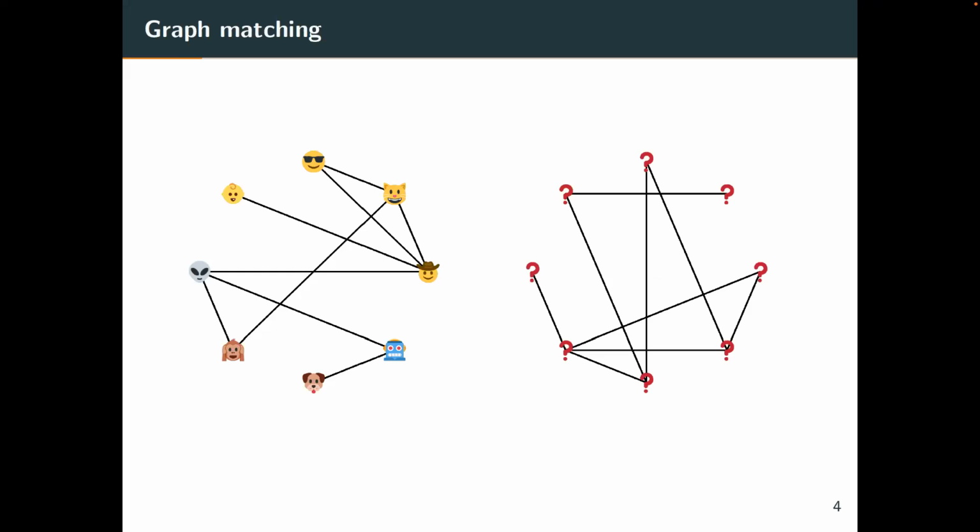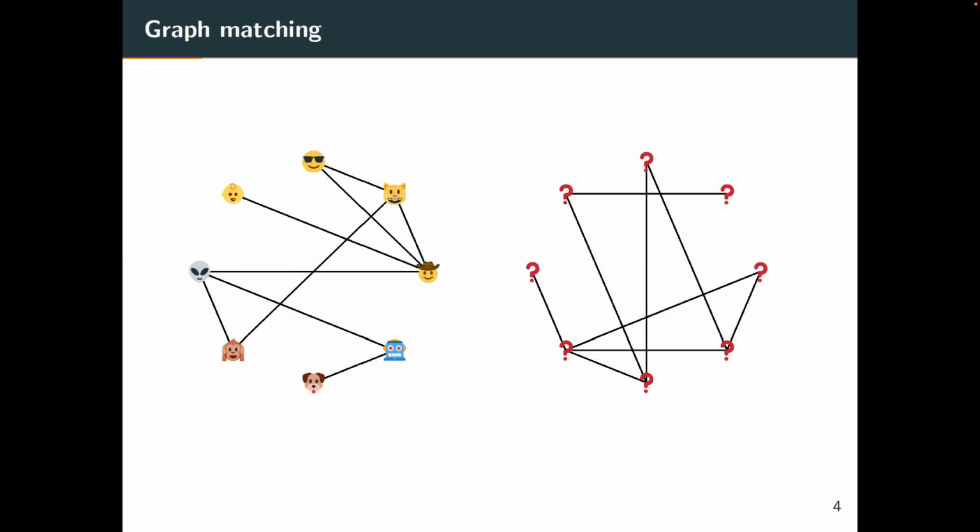As you can imagine, this is, in principle, computationally hard because you can start trying all the different permutations until you find the one that matches the two networks. So you're going to have n factorial different ways of permuting this graph until the two graphs are exactly the same. But there are some computational tricks that one can use, some heuristics.